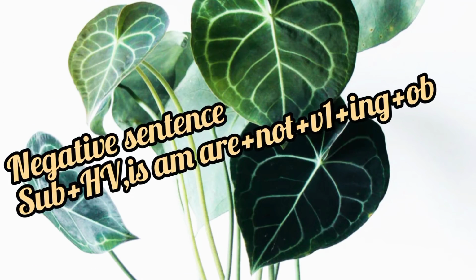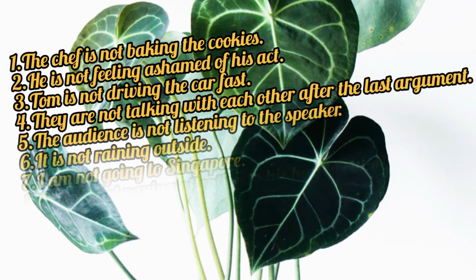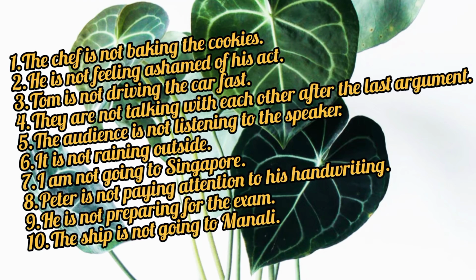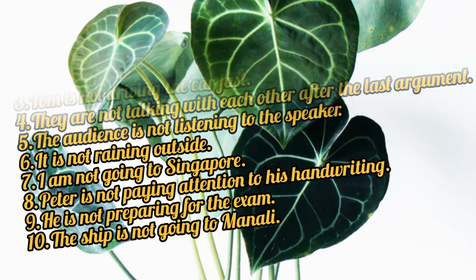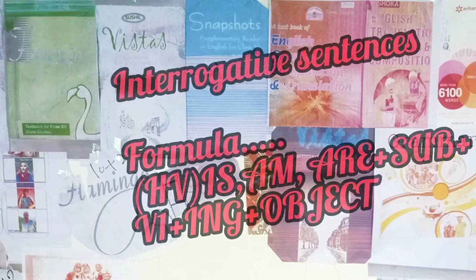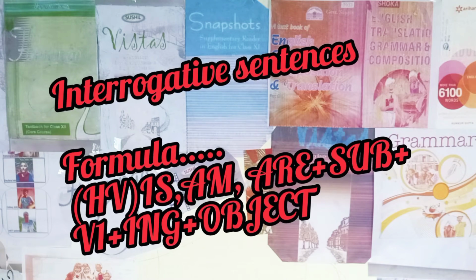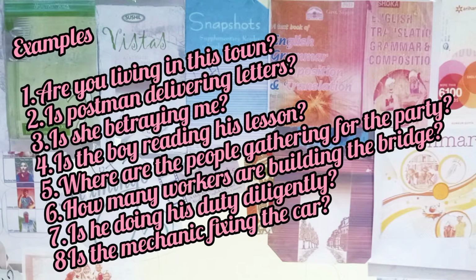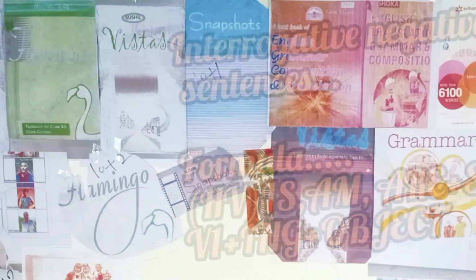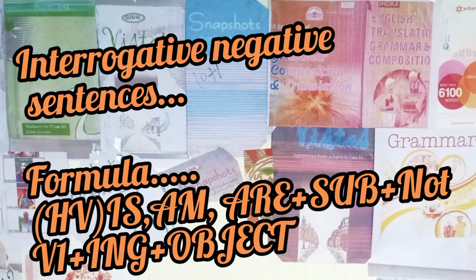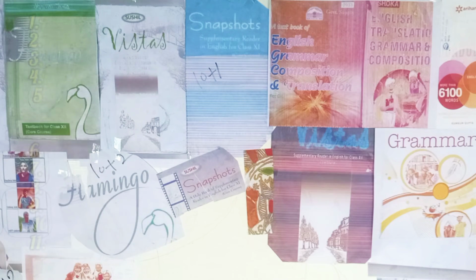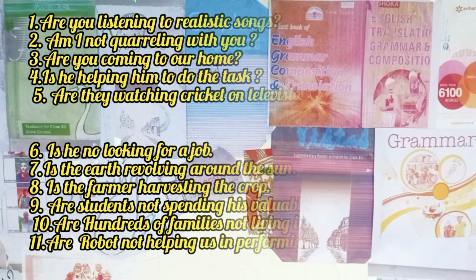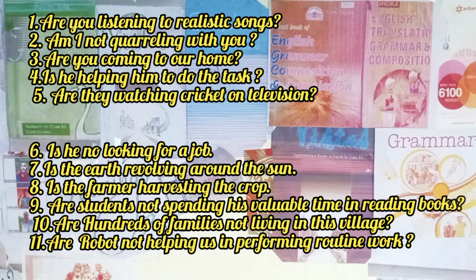There is a formula. These are examples which will help us understand how we can express our action in negative. Interrogative now, formula. Now there is a series of examples. Interrogative negative, how we can express our action in interrogative negative. See these examples. I hope you understood that.